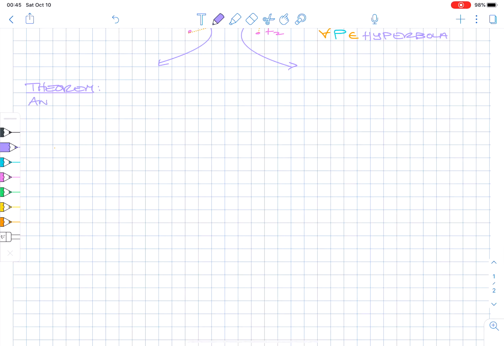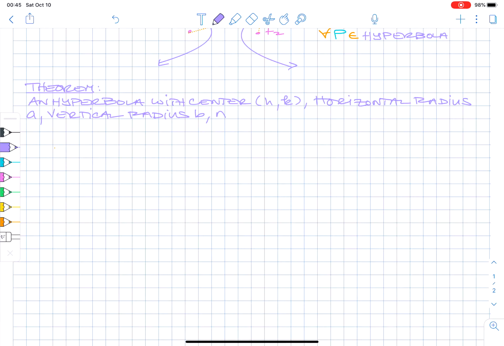A hyperbola with center at h comma k, horizontal radius a, vertical radius b, and foci at plus or minus c from the center, where c equals the square root of a squared plus b squared.